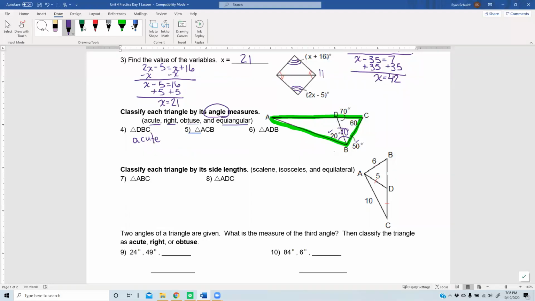And then to figure out what's left, I got to do 60 plus 70 to get 130. Subtract that from 180, and we get 50. This one is 50 degrees. So I've got a 50, a 60, and a 70. That means the ACB is again acute.